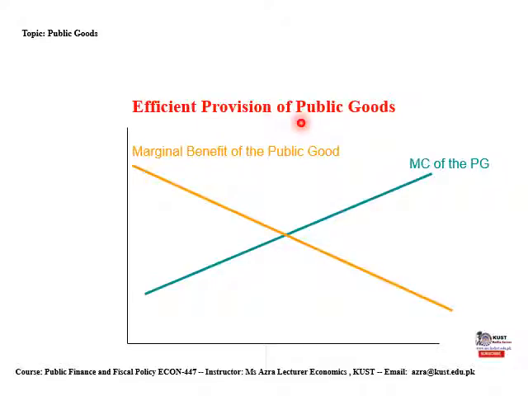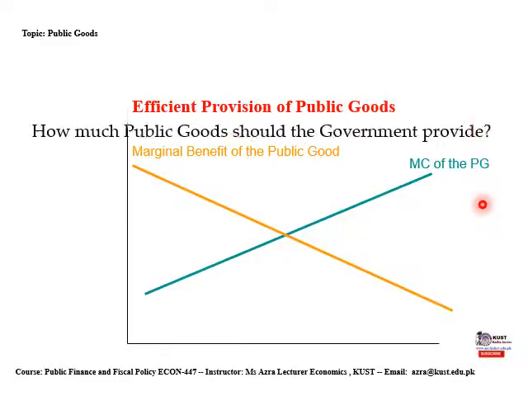Efficient provision of public goods. This is the marginal benefit curve of public goods and this is the marginal cost of public goods. This is the equilibrium level where marginal cost and marginal benefit are equal. How much public goods should the government provide?